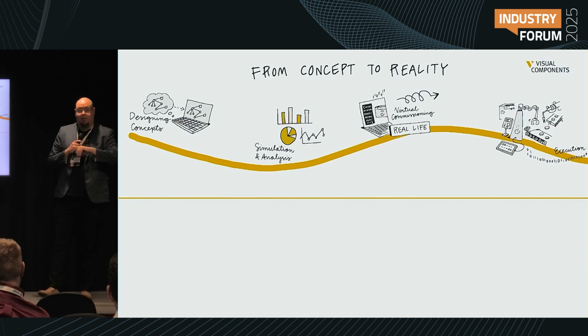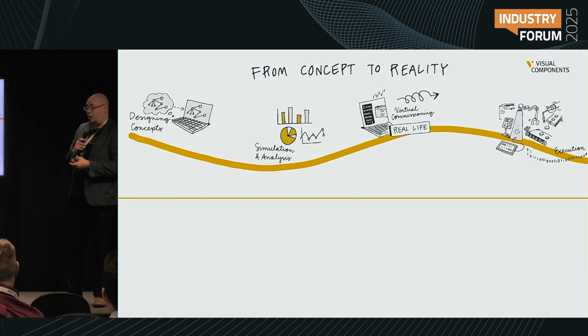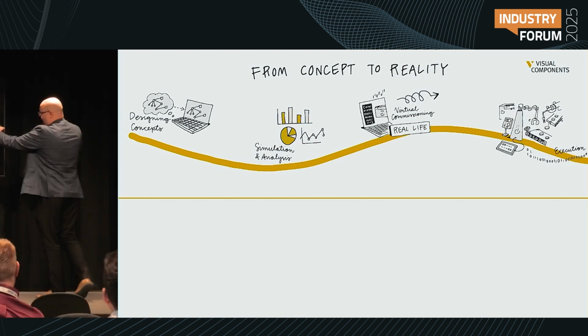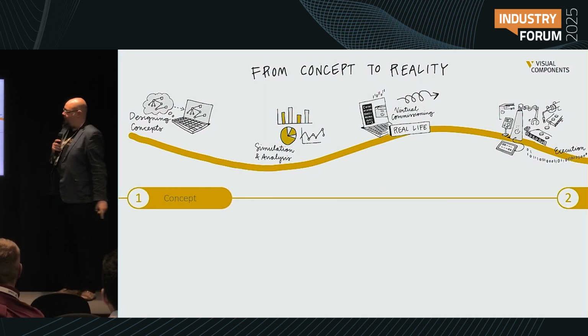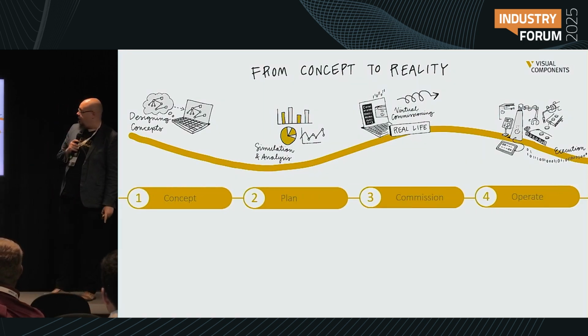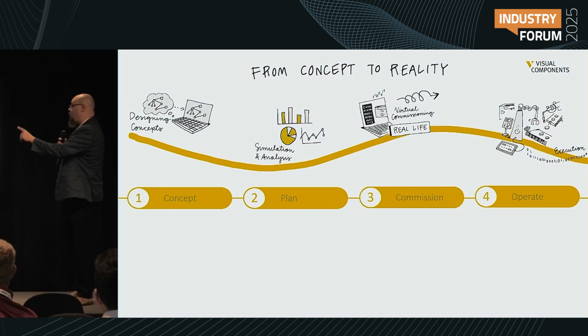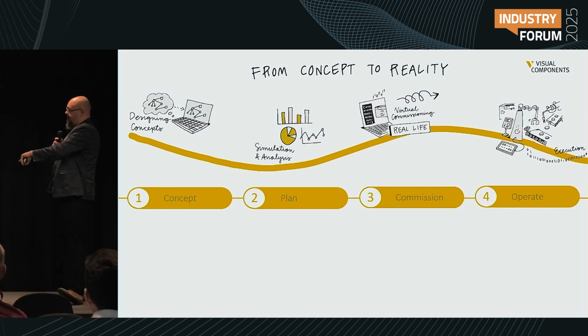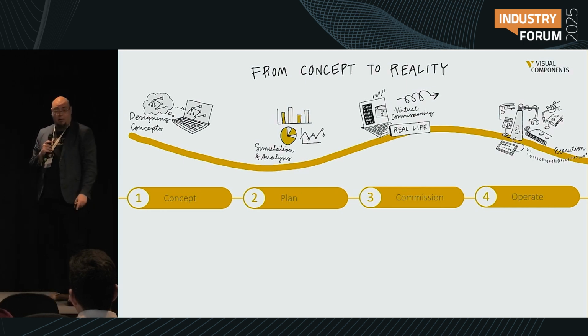So we start to connect it to the PLCs, robot controllers, or other digital twins, other software, until the plant is in production, for example. And then you have the execution time of work. So from concept to a more concrete plan to the commissioning phase, and then you actually have the system running.